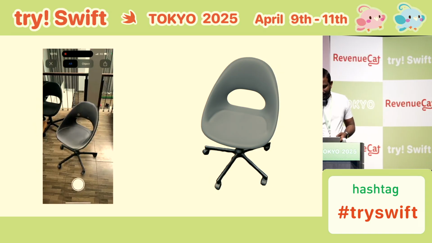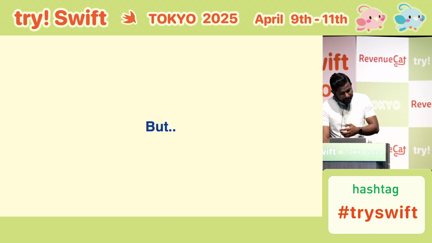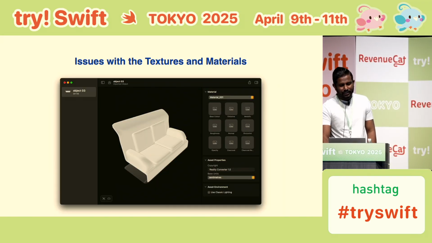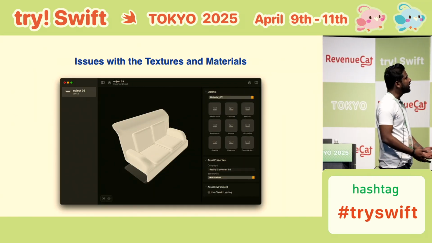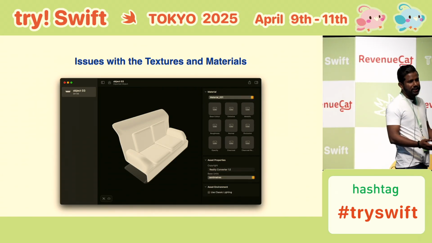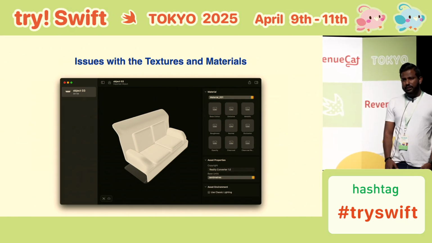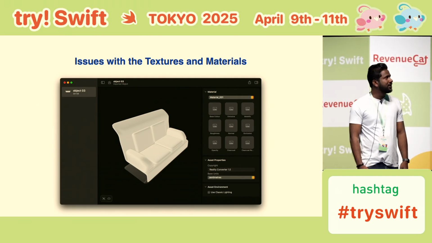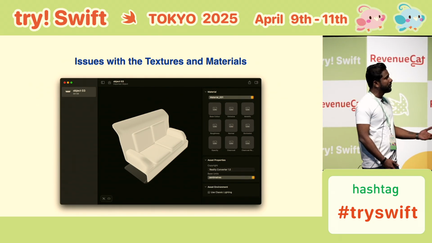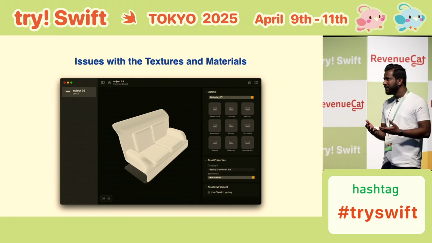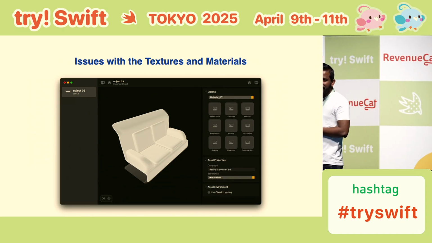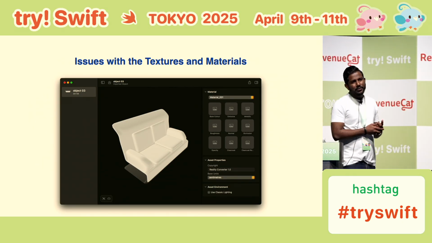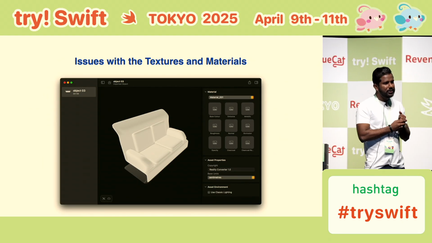But when you download something from the internet, for example a 3D object for your visionOS or AR application, sometimes when you try to convert it you might end up with a grayish, gray-colored object. The reason is the textures.